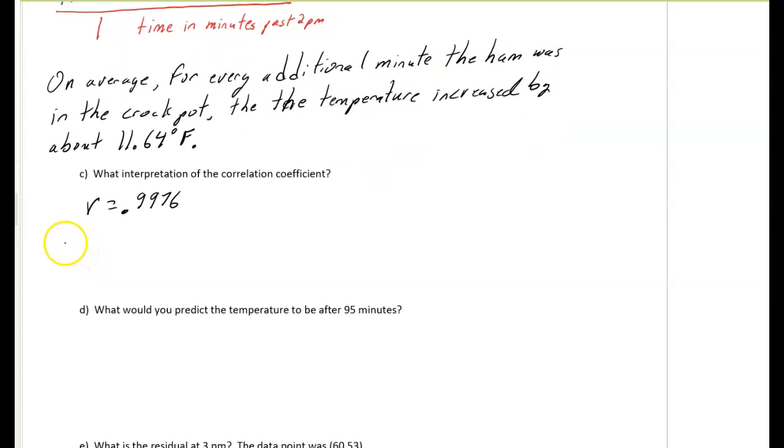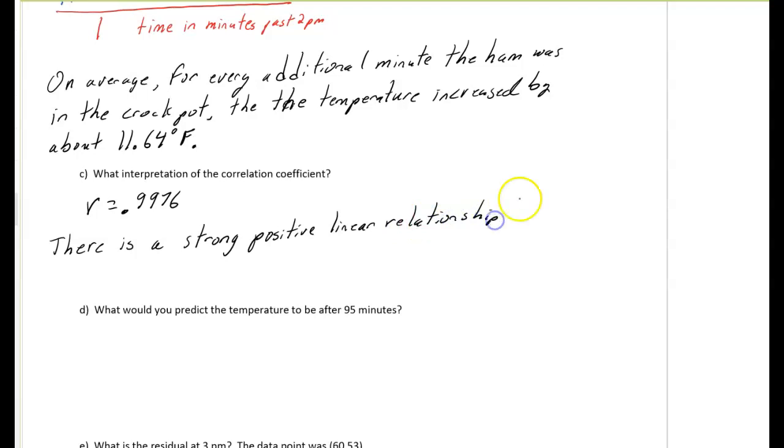The way we interpreted this is there is a strong, and some people will use the word very strong, positive linear relationship between the time and temperature of the ham.